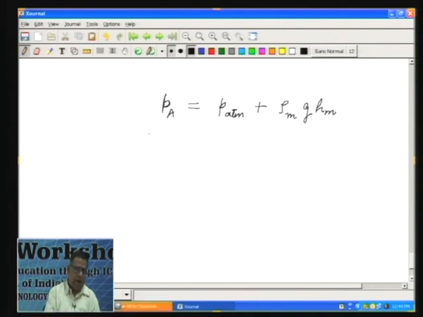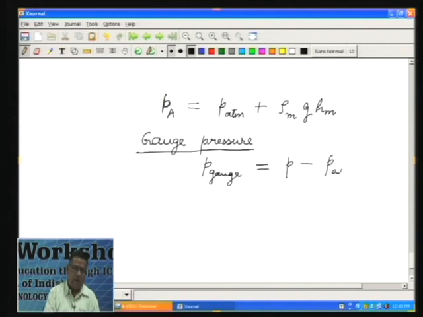Now, you can define a term which is called gauge pressure. We will call it P gauge, which is defined as P minus P atmosphere. Now, P cannot be negative, but P gauge can be negative. If P gauge is negative, it means that the pressure is below atmosphere.